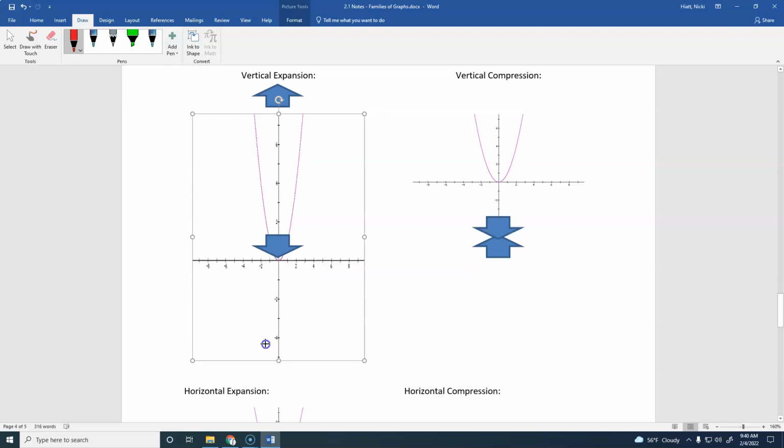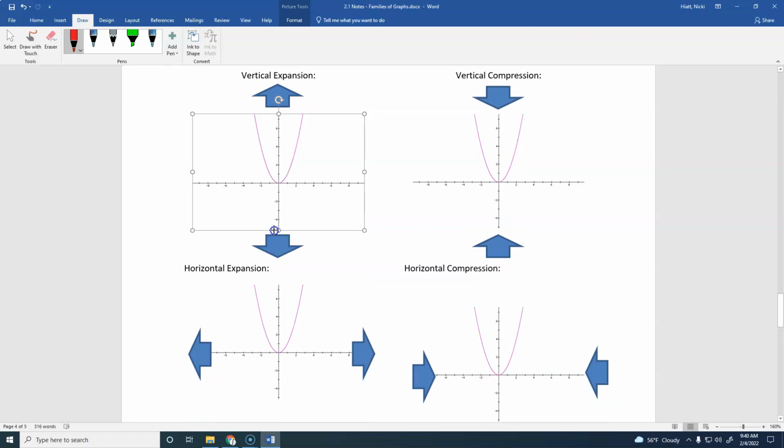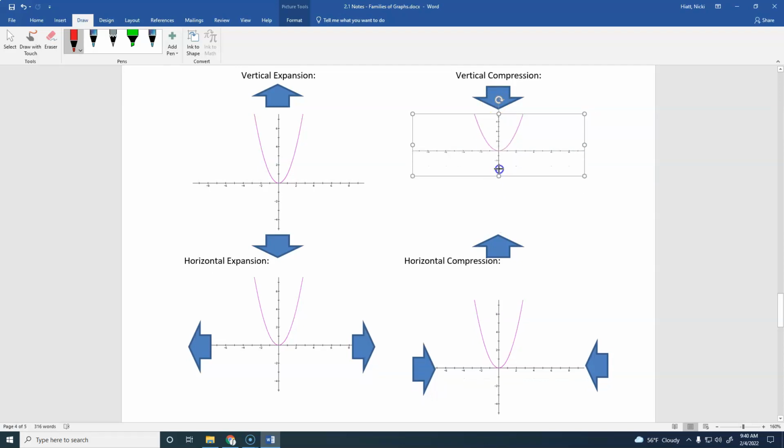It makes it taller and skinnier. Whereas with a vertical compression, it's like I'm taking that y-axis and squishing it down, which makes it look sort of wider and shorter.